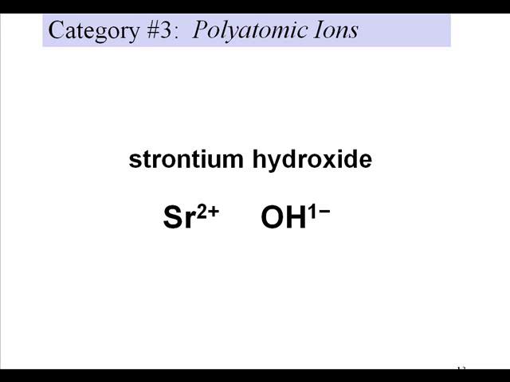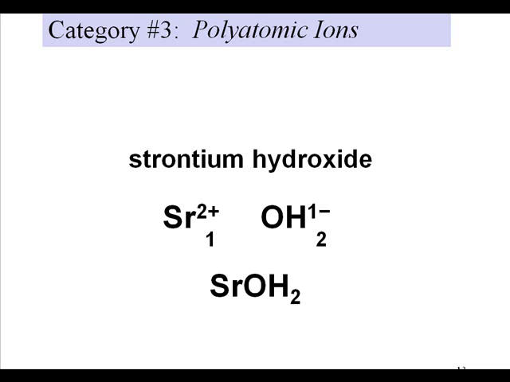And what's going to happen here is strontium is going to bond with the hydroxide molecule. Now, our tendency or habit is to say, if I have a +2 strontium and hydroxide is a -1, I need 2 hydroxides. So one tends to put a 2 as a subscript, and of course, strontium has 1.